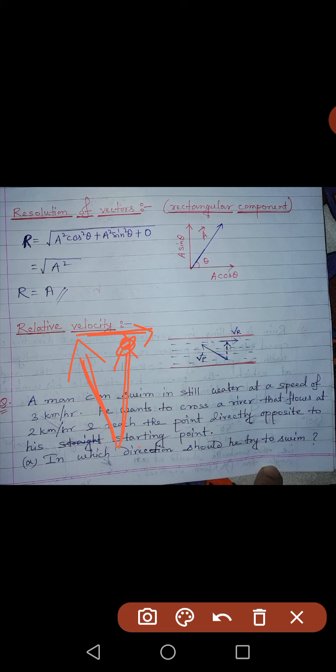So this is also an example of relative velocity. Why is it a case of relative velocity? Because the person who is swimming thinks, I am going this side, but for the person standing outside the water, the swimmer is actually going this side. So the velocity of the swimmer is not constant; it changes with respect to the observer.